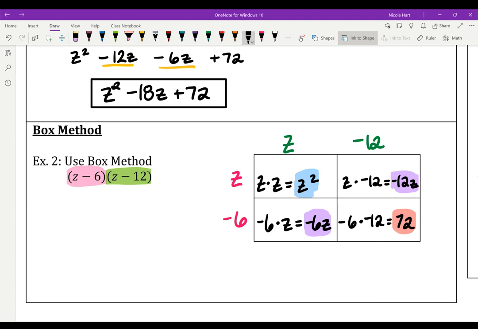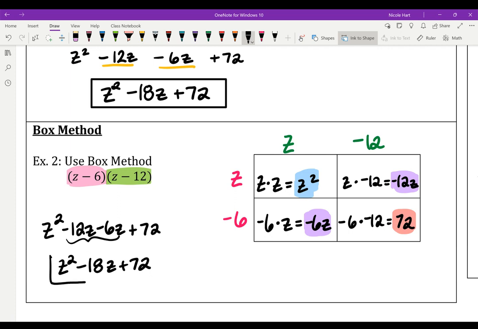So if I combine my like terms, we have z squared going from the largest degree, negative 12z minus 6z, those are going to go together, plus 72. When I combine those two terms, we get z squared minus 18z plus 72. Again, just like our previous answer, these are the same question, just done two different ways. You should get the same answer both times.